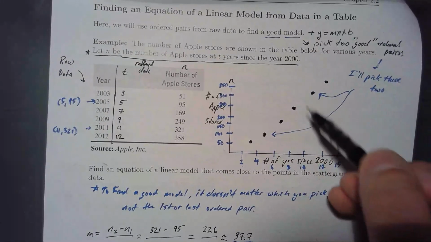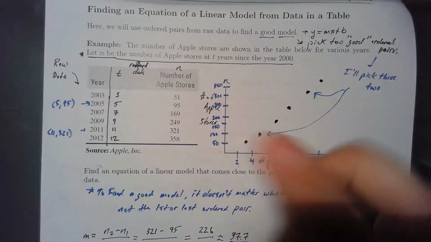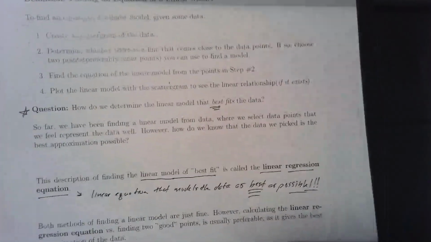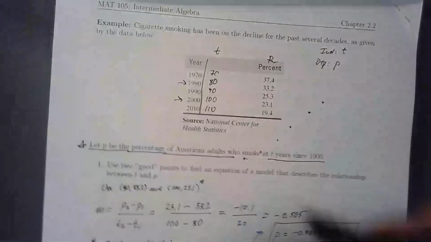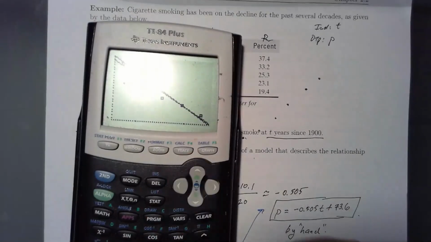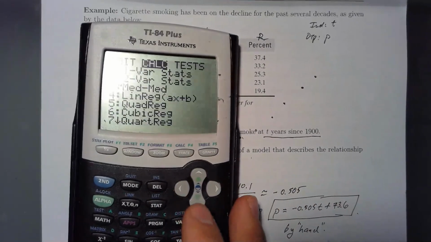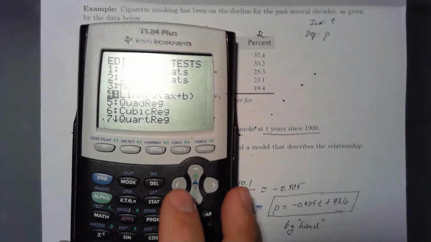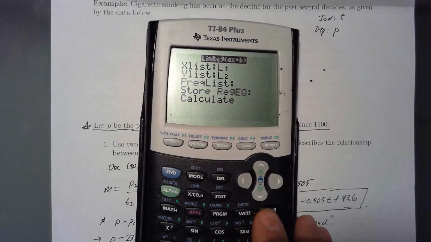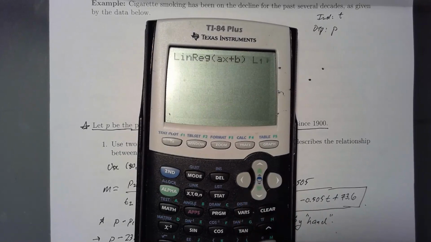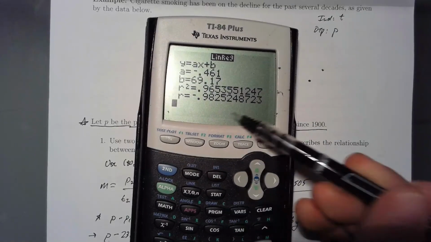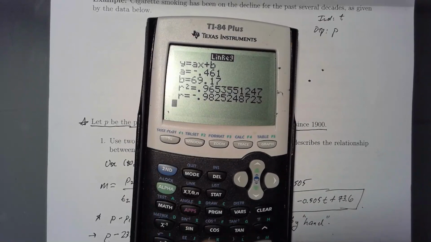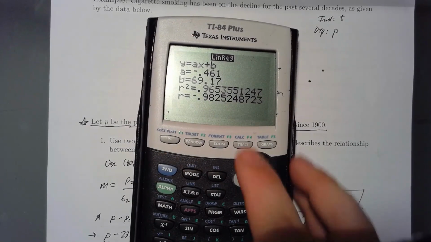From data, you're picking the 2 points that look the best, and then to find the line of best fit, once you get your data in, I already showed you: stat, go over to calc, go down to linreg, enter, down to calculate. Or if you have an 83, just after you hit linreg, just do second 1, comma, second 2, enter, and it'll give you this same data.